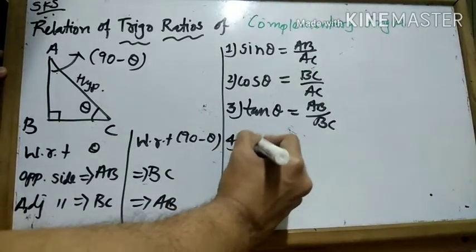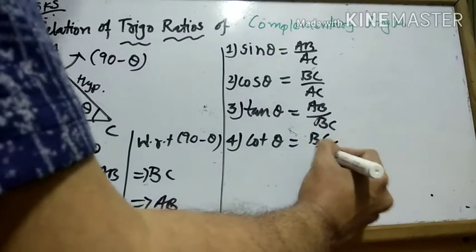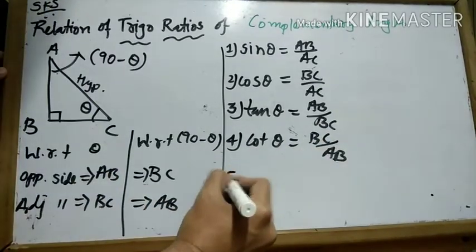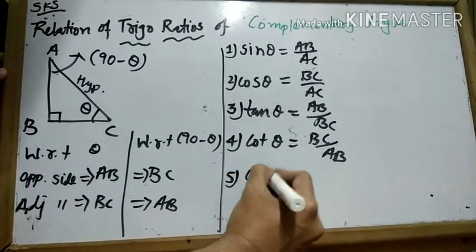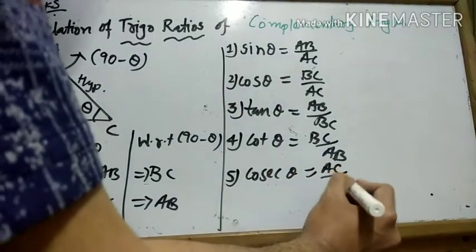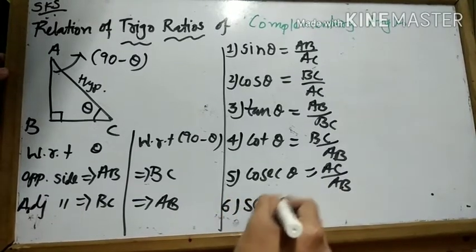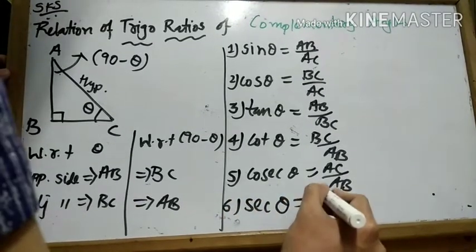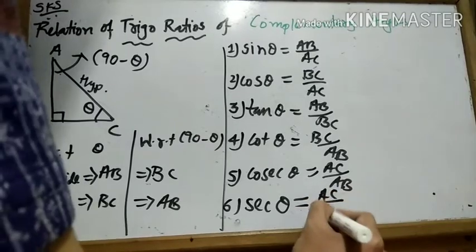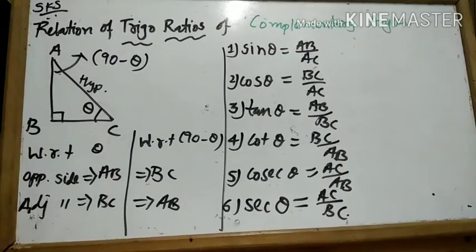Cot theta is BC upon AB. Cosec theta will be AC upon AB. Sec theta will be AC over BC. These are the 6 ratios with respect to angle theta.